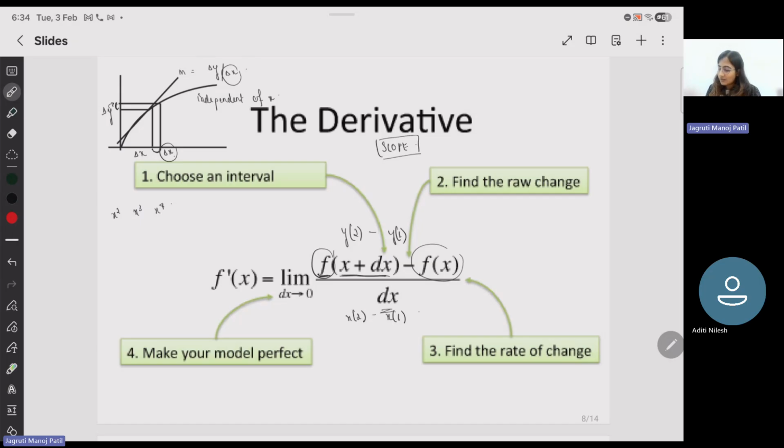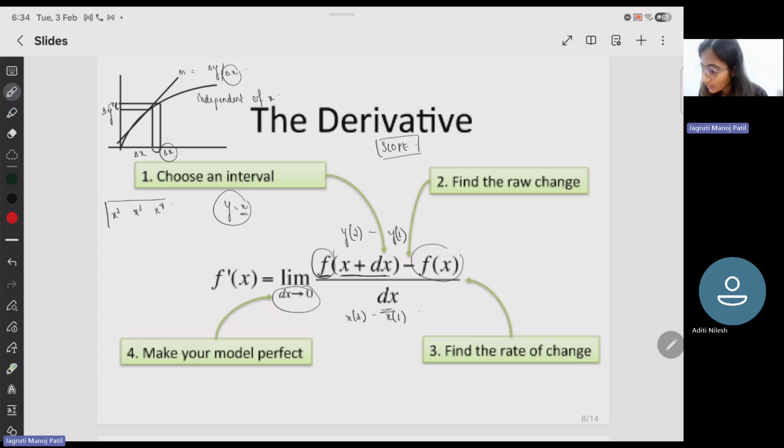So there we want the limit of delta x to range to 0, make it as small as possible. If that particular delta is as small as possible, the slope that you get, the derivative that you will get, is nothing but the accurate derivative for that particular curve. Right? And when we had y equals x, it was independent of x, and it was just 1.